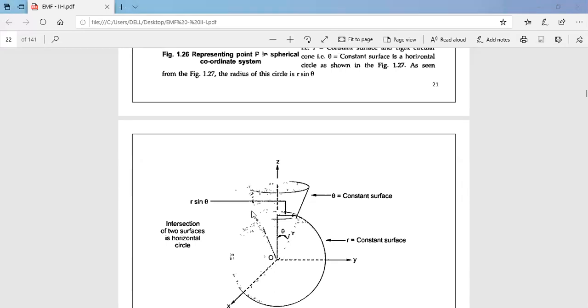Now, to make this sphere, you're going to imagine your cone is elastic.